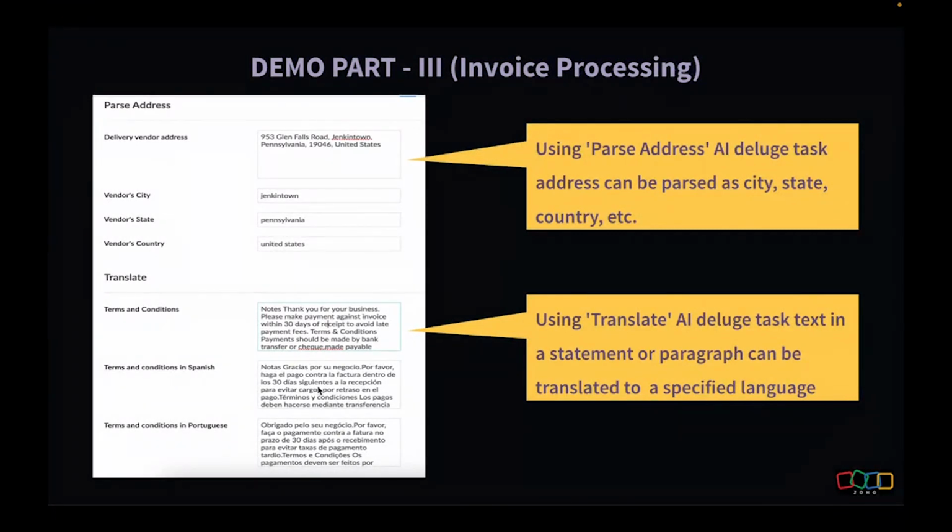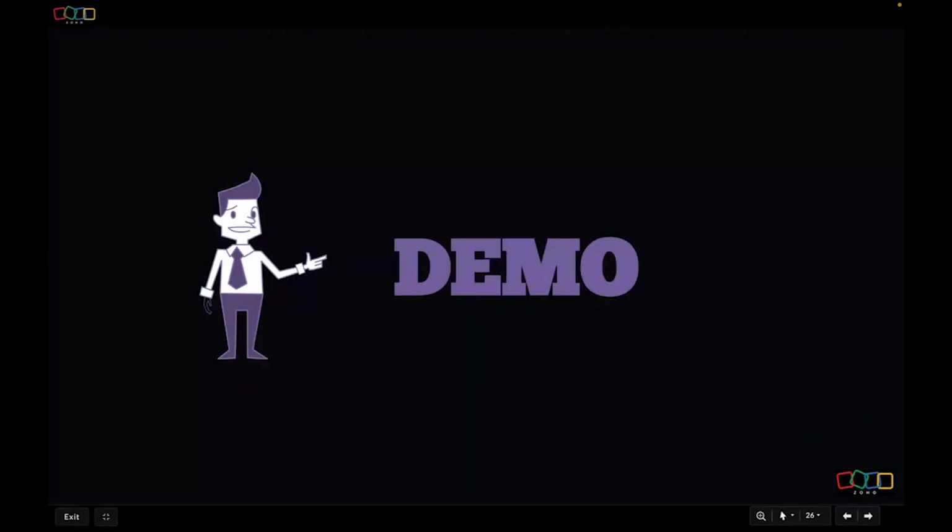By using the translate deluge task, we can translate that to the required language. In this slide, you can see the notes and conditions. What was first extracted is in English, right? And later using the AI deluge task, it can be translated to Spanish as well as Portuguese and several other supported languages. Now let us see a demo on how to use these tasks.